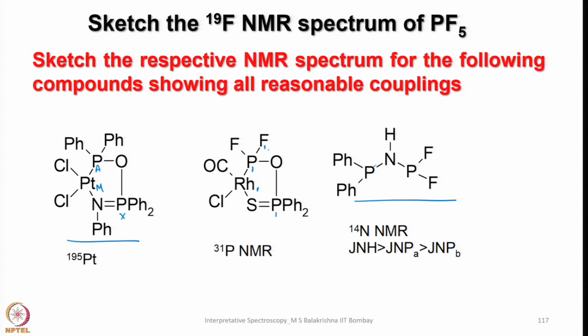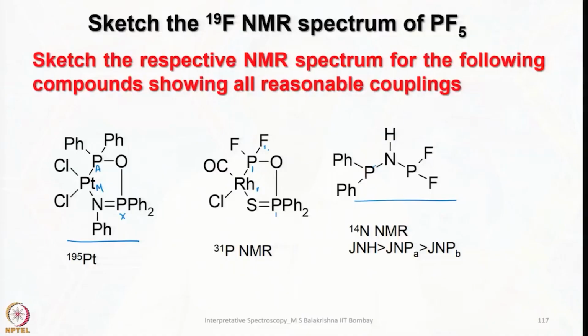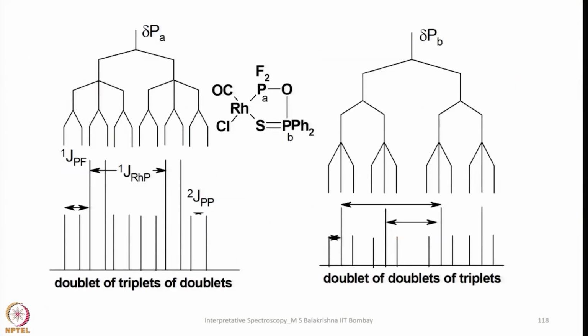So, we have two phosphorus atoms, and fluorine can couple with both of them, and rhodium can also couple with both phosphorus atoms. The rhodium phosphorus coupling constant is in the order of 180, and it can go up to 300 or 350 hertz. Now, let me go to the spectrum of the rhodium complex here.